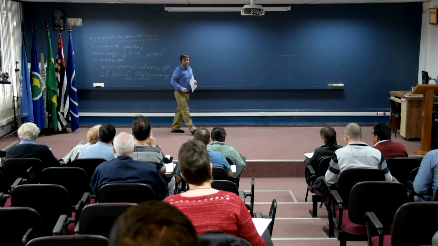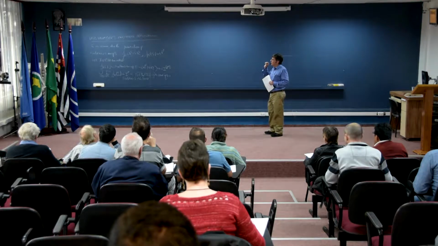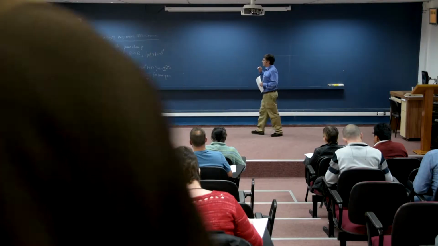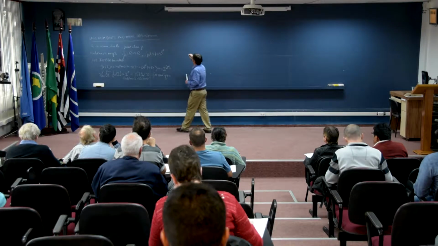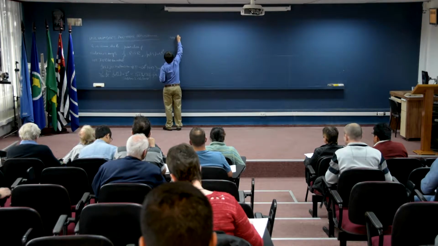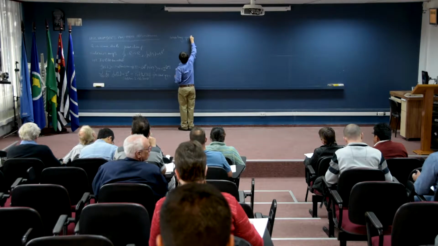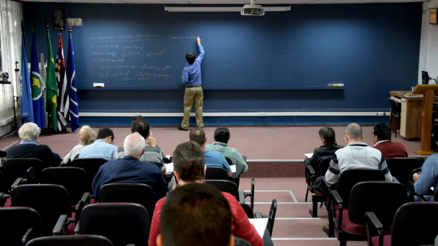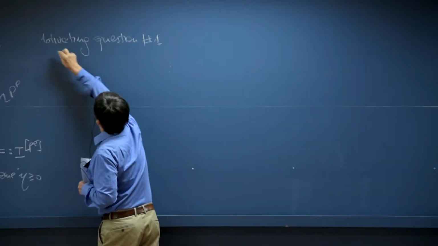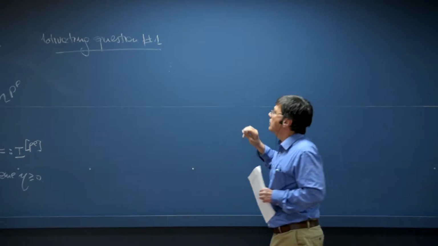Okay, so here's the first application we're going to have to HSL numbers, which is going to be to answer the following question. So here's motivating question number 1. Can you compute the Frobenius closure?